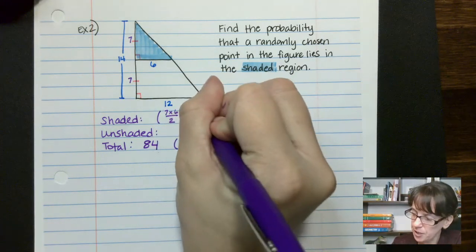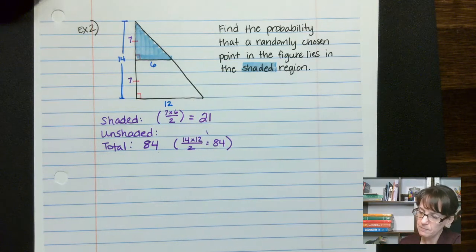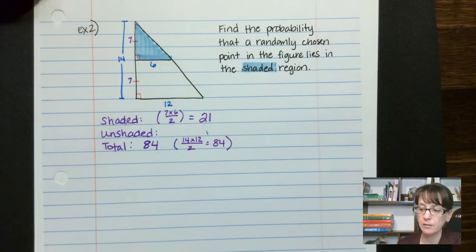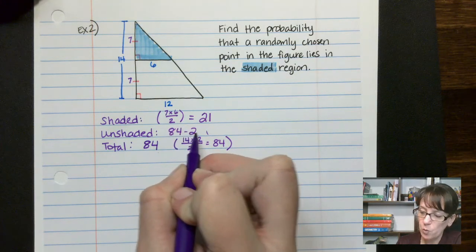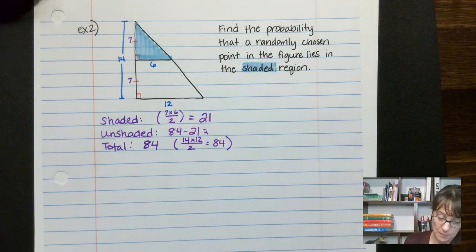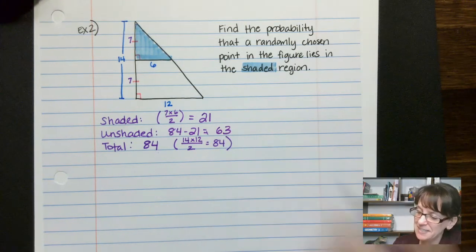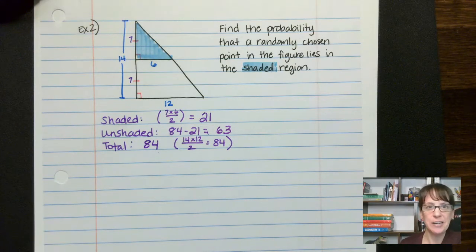So our shaded bit is 21. Now we have to find the unshaded. All we have to do is take 84 minus 21, and we end up with 63. That is our unshaded bit.